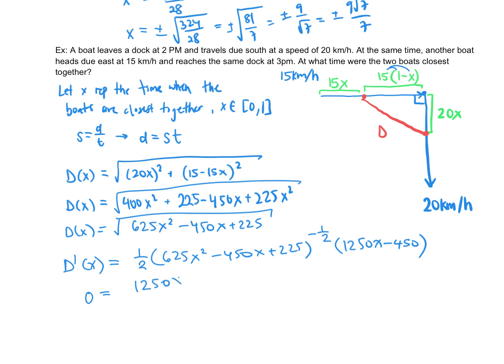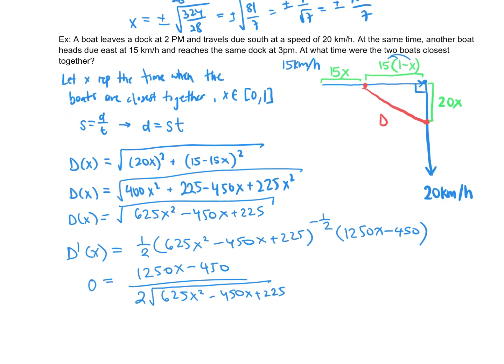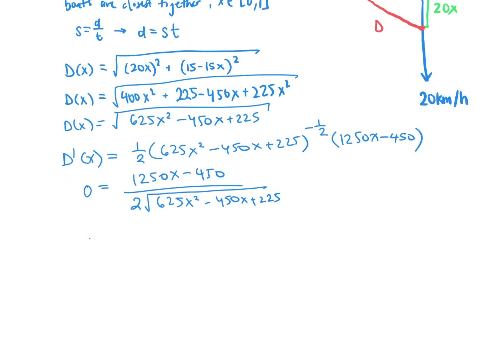So the 1250x minus 450 will go in the numerator, 2 is in the denominator from the half, and then that negative exponent will pop down in the denominator. And now I'll cross multiply, which is lovely because 0 times that denominator is 0, and we're just left with our numerator. And we can isolate for x.